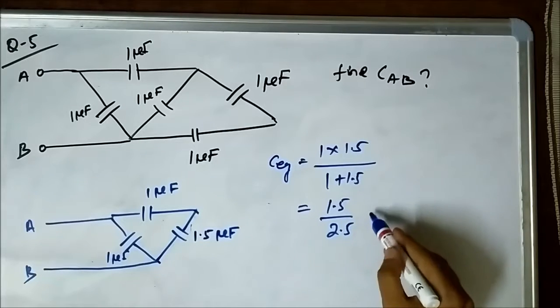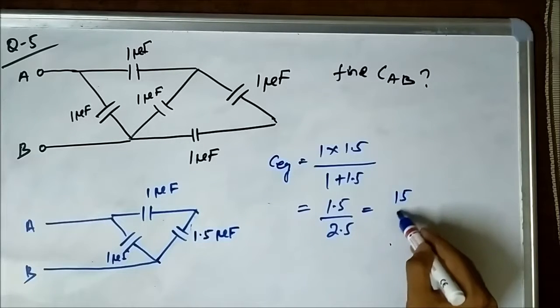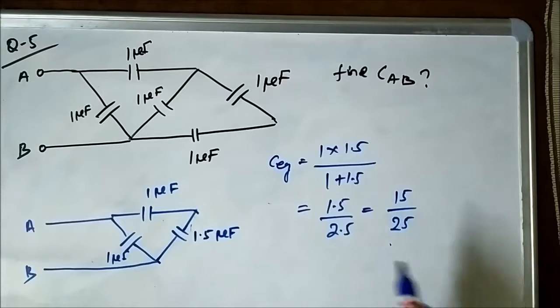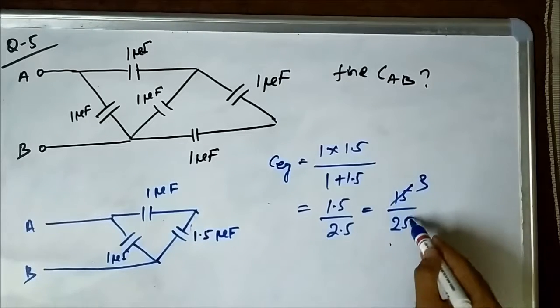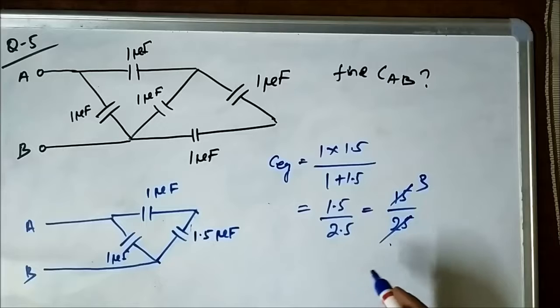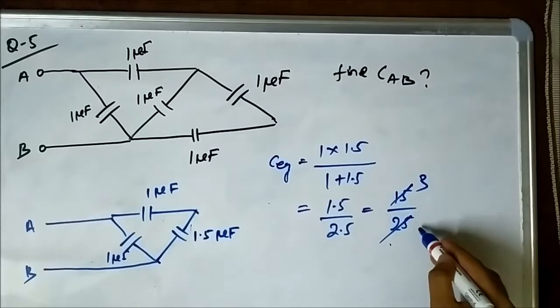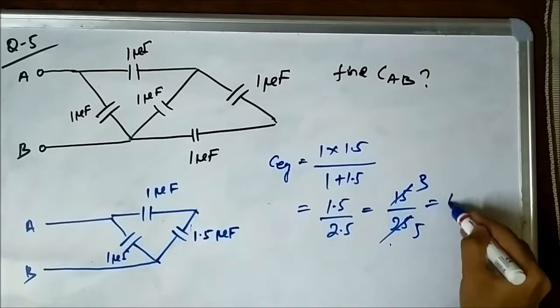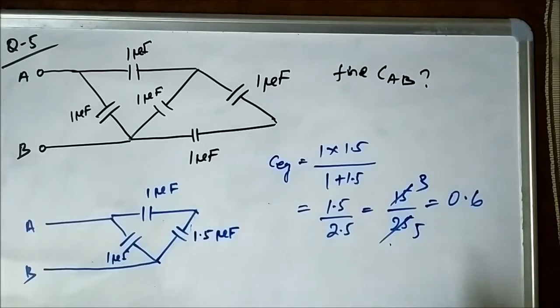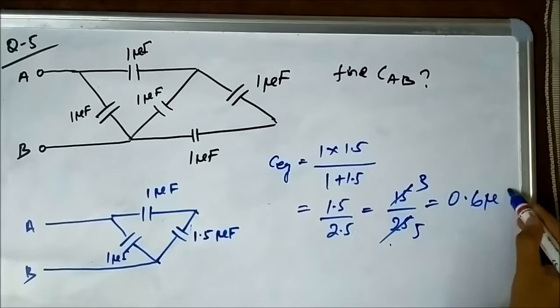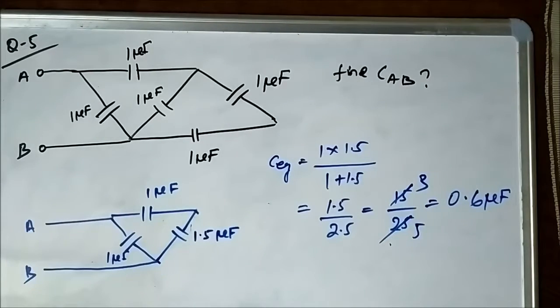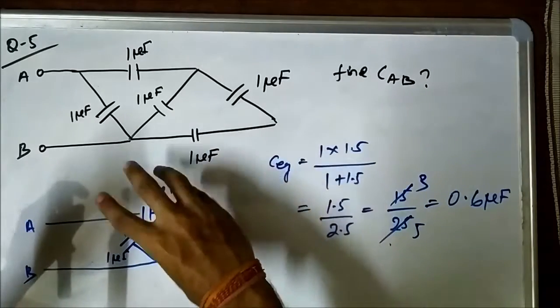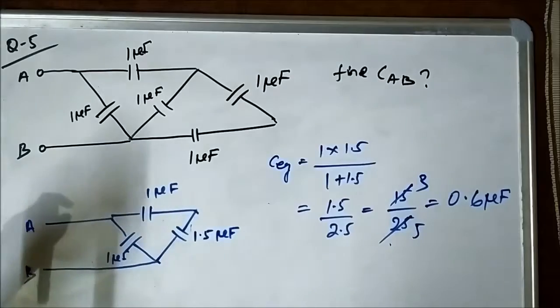If we multiply 10 in both the numerator and denominator, we get 15 by 25. Using 5 as the common factor, this is 3 by 5, which is equal to 0.6 microfarad, the equivalent capacitance of these two capacitors.